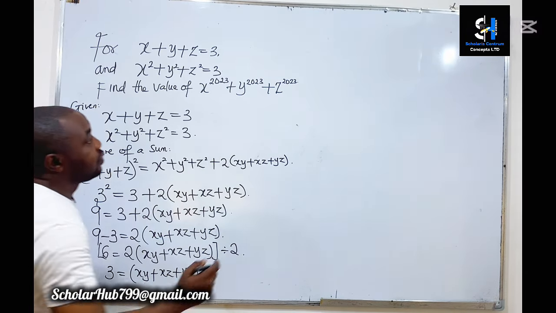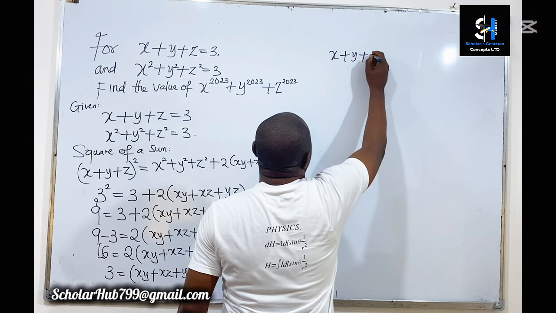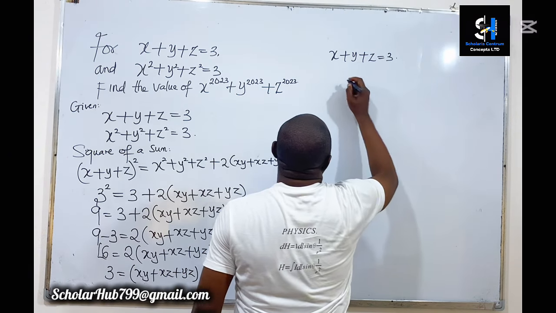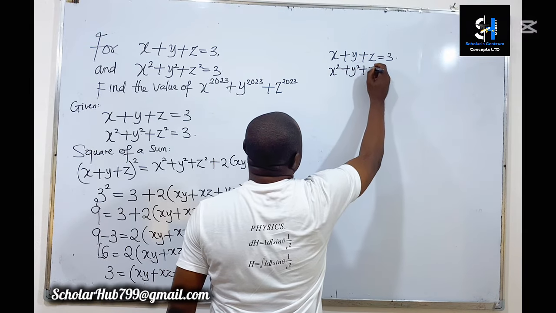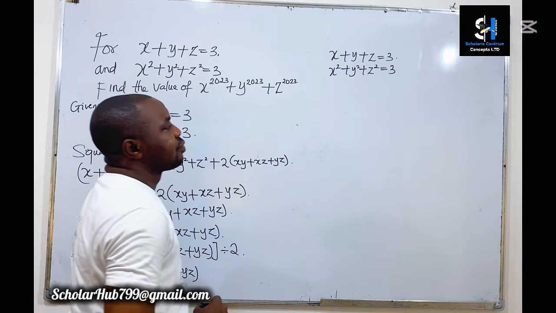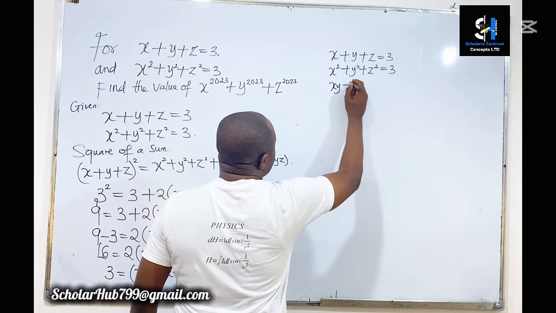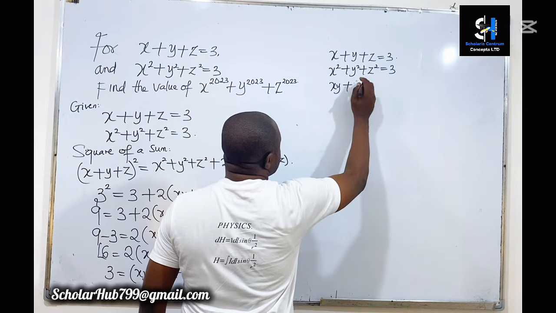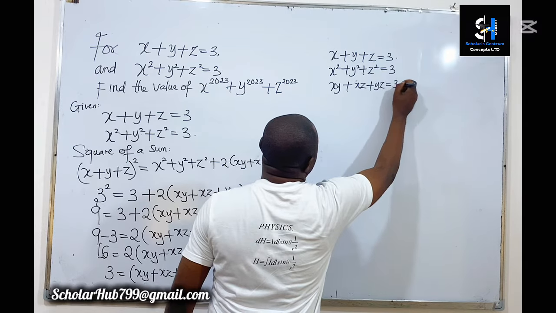So we now have 3 equations. We have x plus y plus z equals 3. Then we also have x squared plus y squared plus z squared equals 3. And we also have xy plus xz plus yz equals 3.